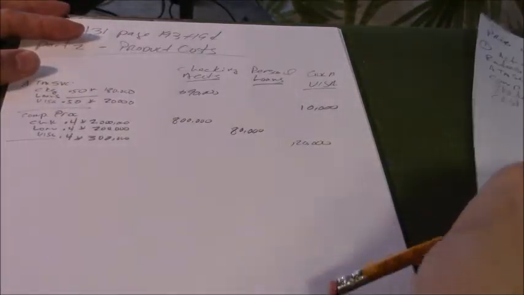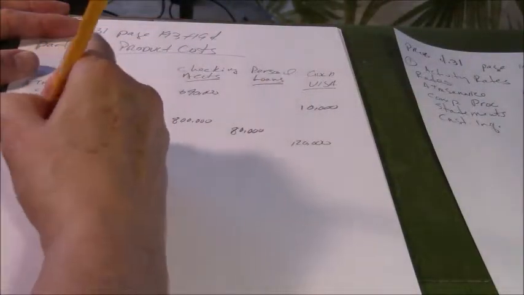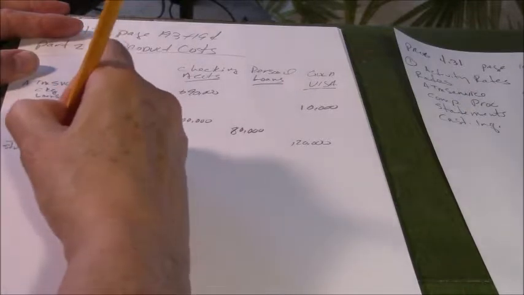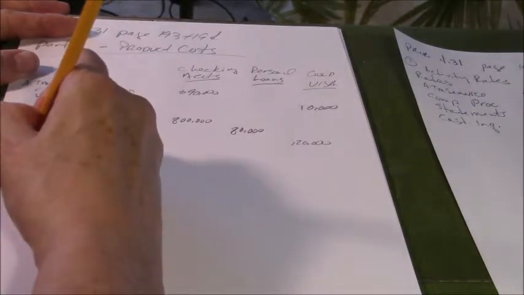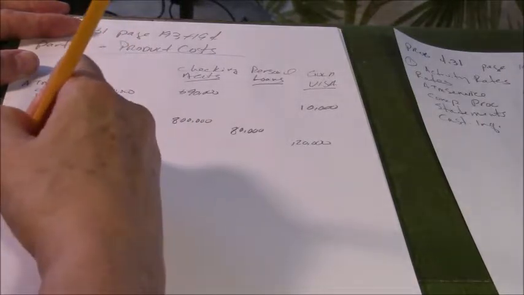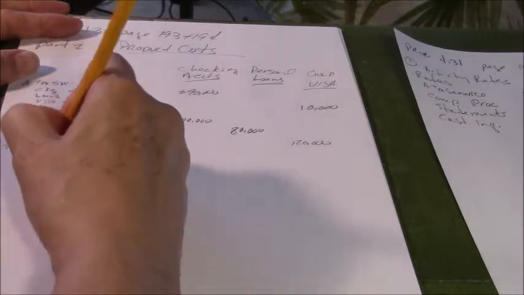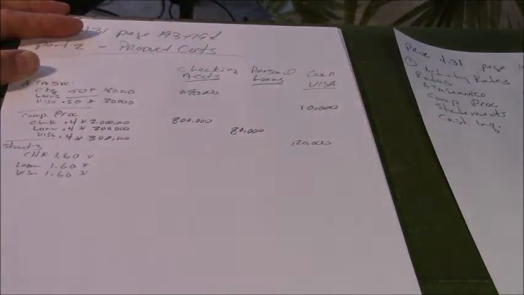All right. Next, what was the next thing? Issuing statements. It costs $1.60 to issue a statement. So for checking, it costs $1.60. For loan, it costs $1.60. For a Visa, it costs $1.60. How many of those did we do? We did 300,000 for checking.